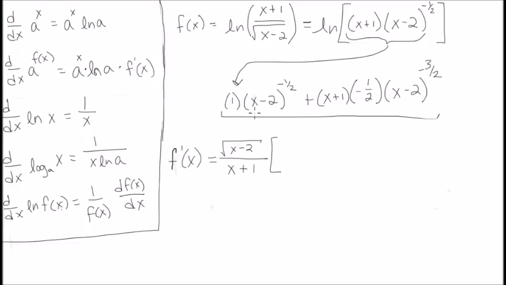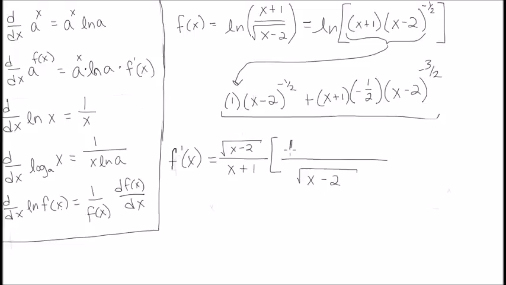And I'm going to notice that this x minus 2 to the negative 1/2, I can actually factor it out. And since it's on the bottom, that will be the square root of x minus 2.